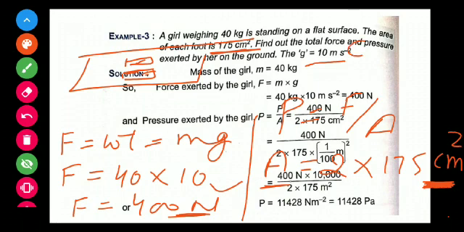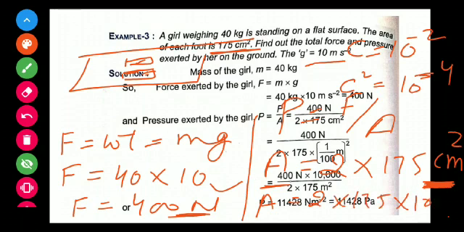What is the value of c? Value of c is 10 raised to minus 2. What is the value of c square? Value of c square is equal to 10 raised to minus 4. So, area is equal to 2 into 175 into 10 raised to minus 4 meter square.